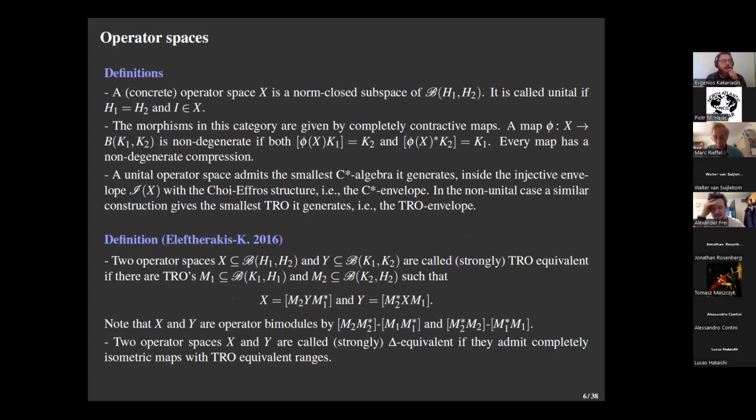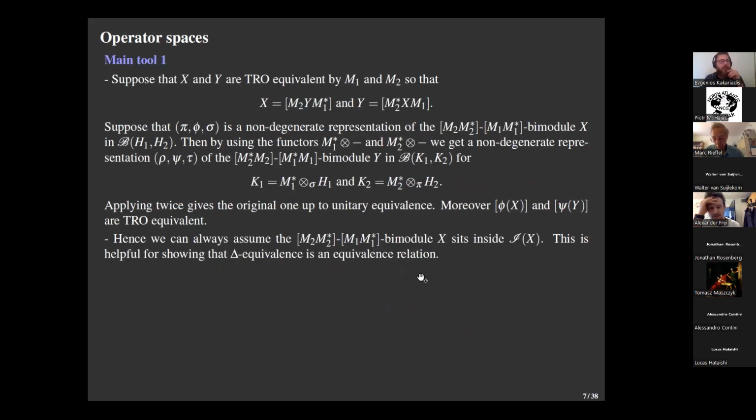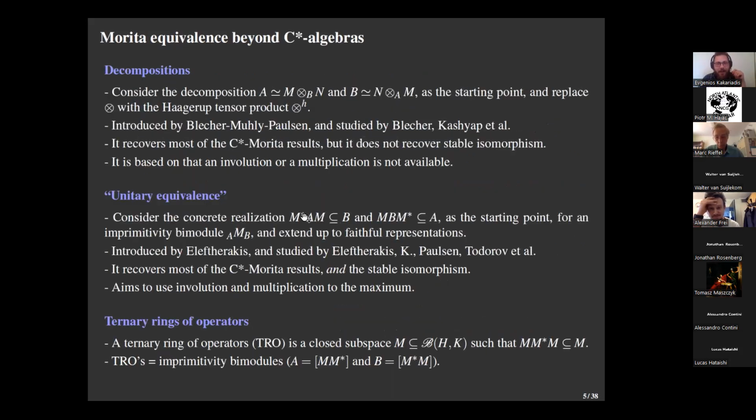Okay, and can that be different for C-star algebras? For C-star algebras, for a faithful representation of a C-star algebra, you will find a faithful representation of the other one that are concretely Morita equivalent, meaning that M star times the image of A times M is inside the image of B.